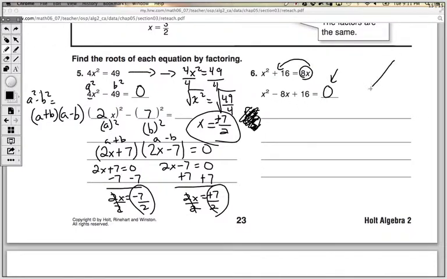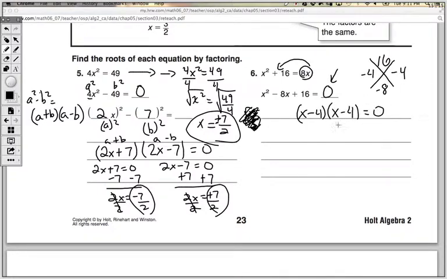Now we just got to factor. I'm going to not follow their pattern, and let's just think about this. If you got to multiply to 16 but add up to negative 8, that means I got to have two negatives again. They got to add up to negative 8 but multiply to 16, that'd be negative 4 and negative 4. So then I would just have x minus 4 times x minus 4 equals 0.